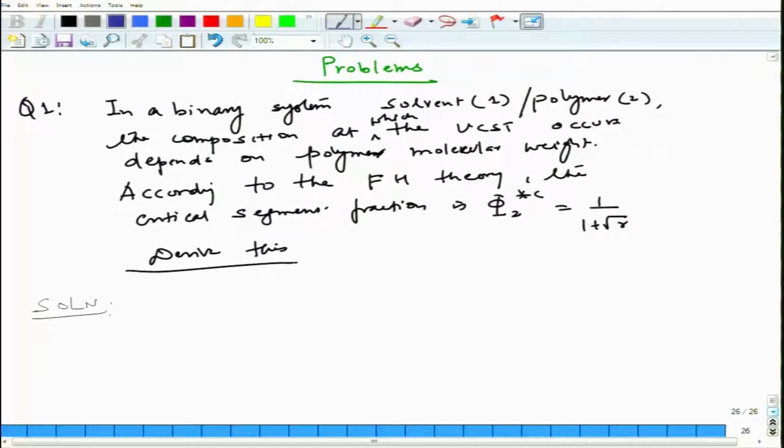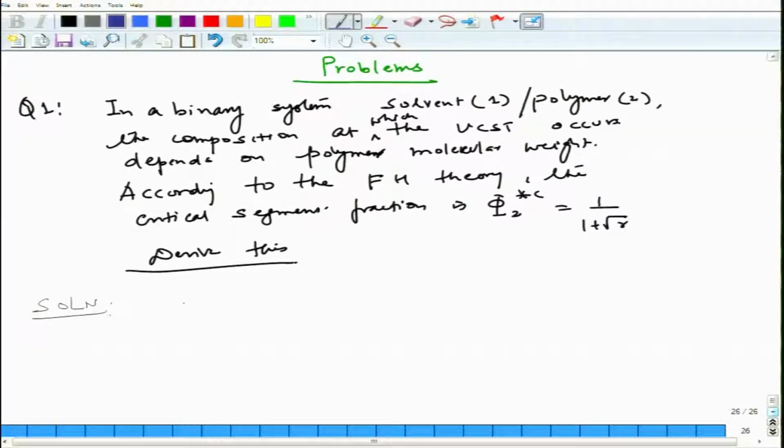Okay, so let us write down the expression. We know that for critical or for incipient instability, we need to find out the first and second derivative of log of activity, or you can replace that in terms of the activity coefficient, or basically the activity. It originates from the conditions of the GE which we have looked at earlier.